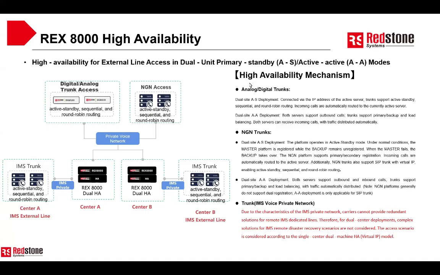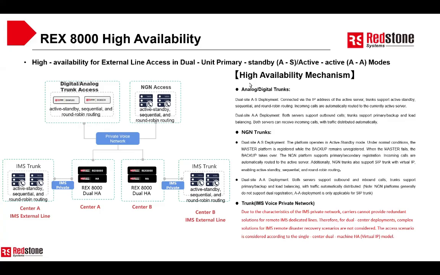Complexity increases when it comes to the IMS private network access. Unlike the NGN platform, which operates on the public internet, so we can still accept the two IPs, the IMS networks are fully isolated, operating over private carrier networks. So when both side A and side B access the IMS through private lines, it becomes very challenging.